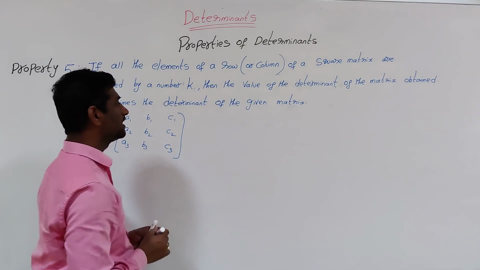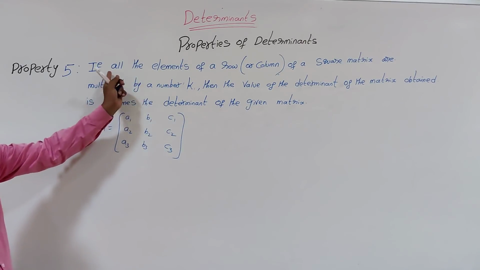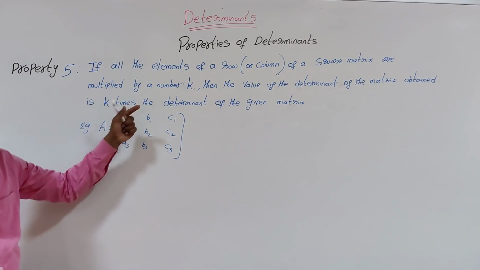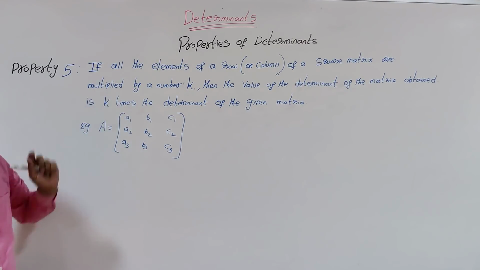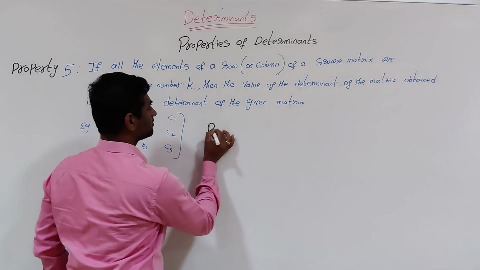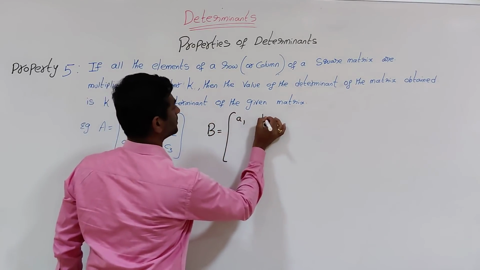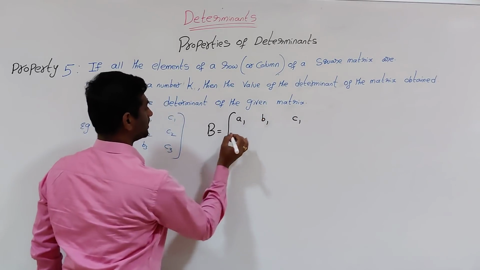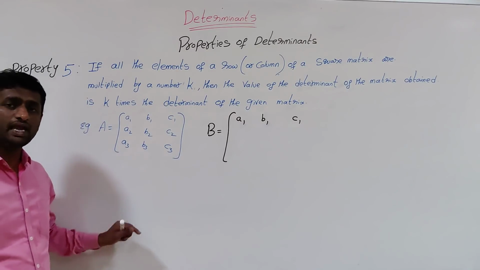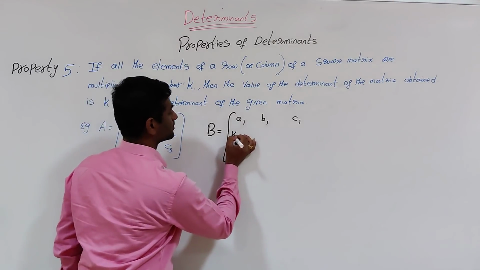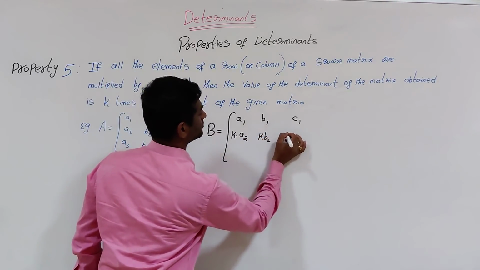We will take one more square matrix, where all the elements of a single row or single column are multiplied by k. B is another matrix: A1, B1, C1. Now if I multiply the elements of row 2 by k, we get A2, KB2, KC2.